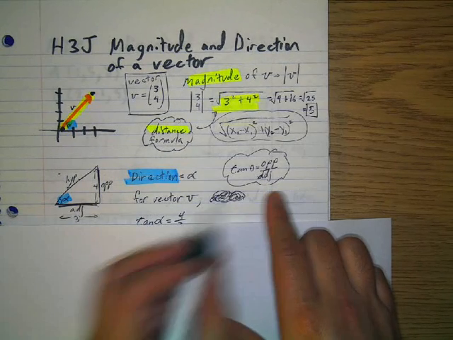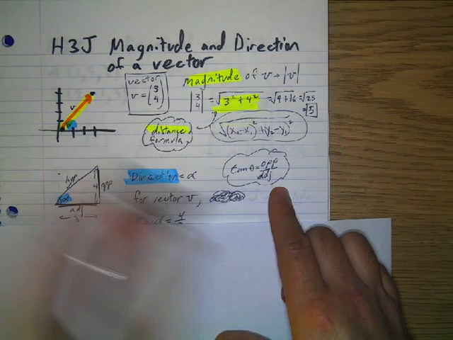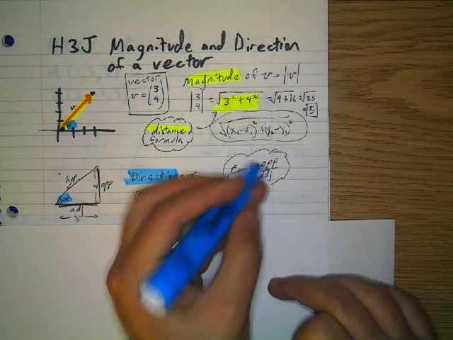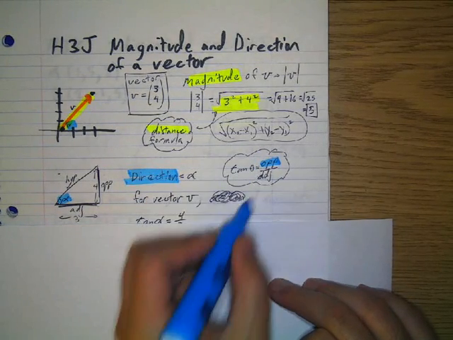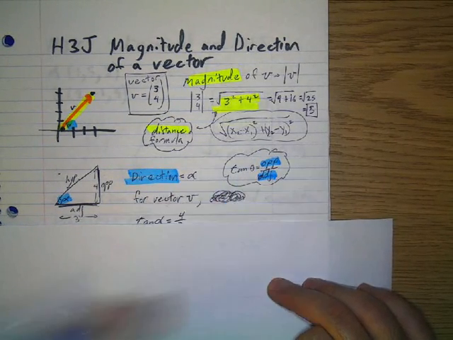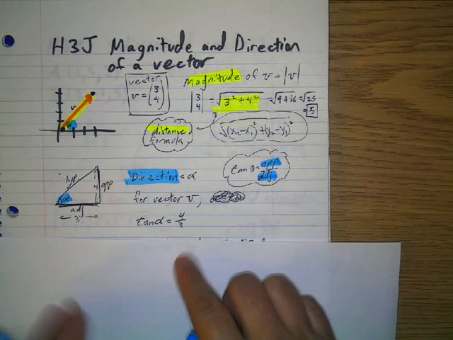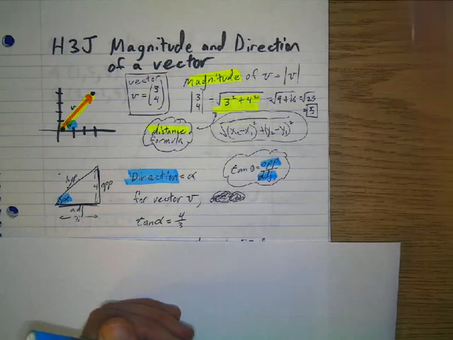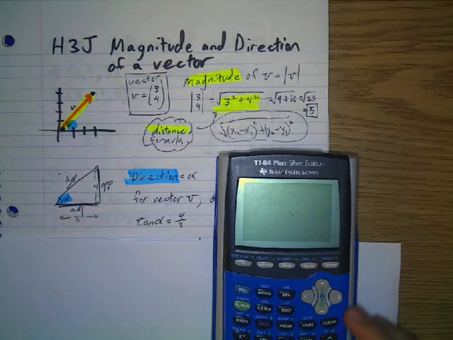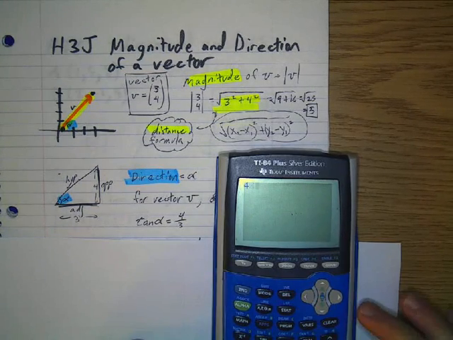And tangent is equal to opposite over adjacent, right? So the opposite side is 4. The adjacent side is 3. So I'm going to write it as tangent of the angle equals 4/3. Now, if I do that with a calculator, 4 divided by 3, I get this number.